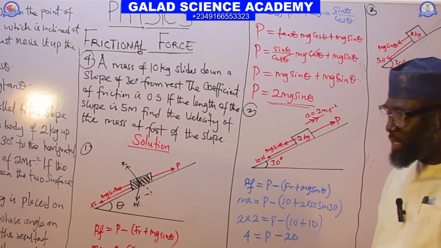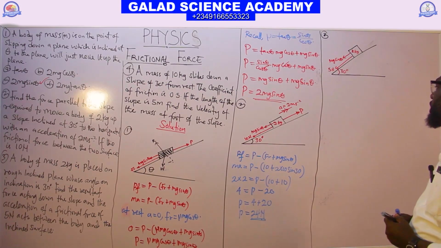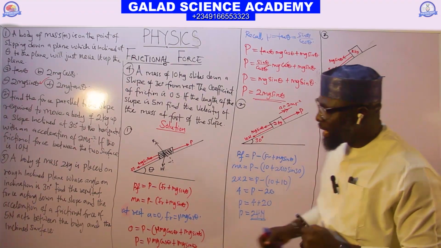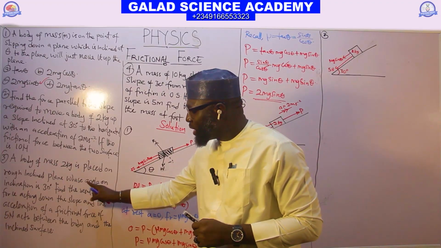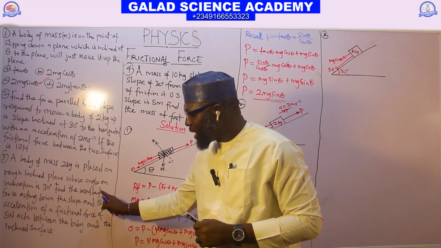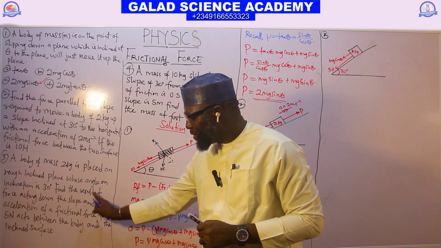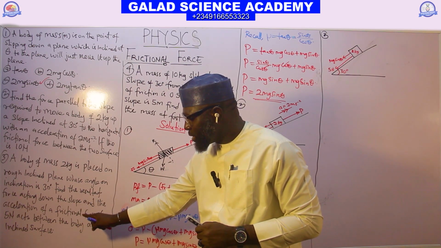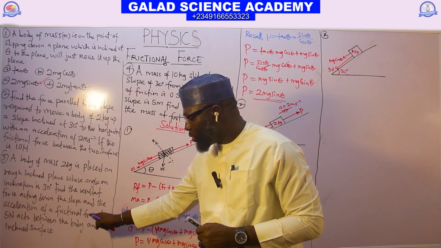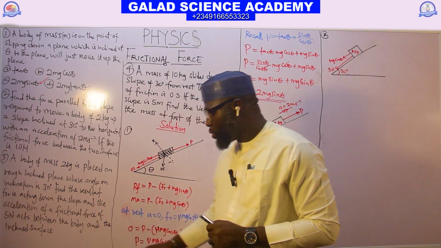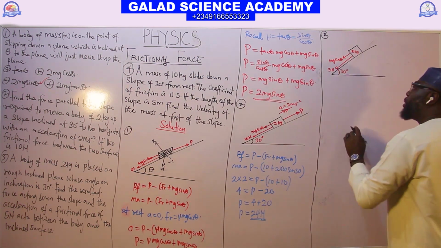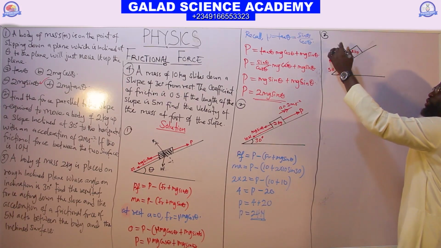We are asked to find the resultant force and acceleration. A body of mass 2 kg placed on a rough inclined plane whose angle of inclination is 30, find the resultant force acting down the slope. So definitely the body is moving down the slope.